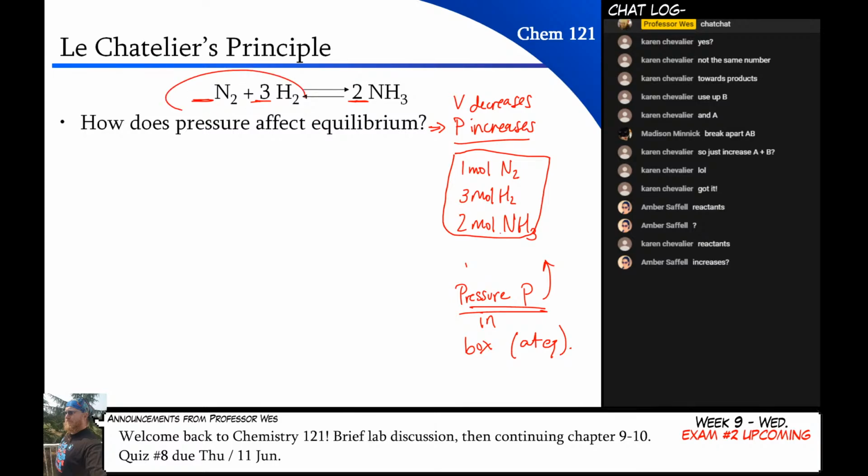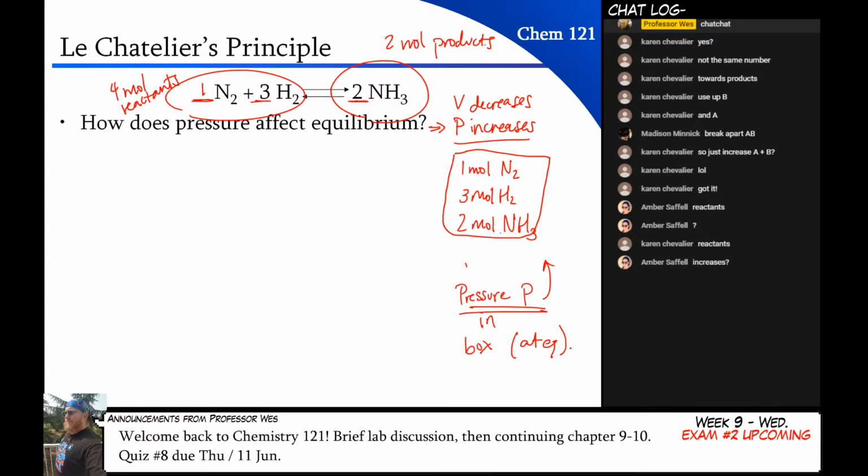How many moles of reactants are there? Well, there's 1 plus 3 moles, so there would be 4 moles of reactants. How many moles of products are there? There's 2.